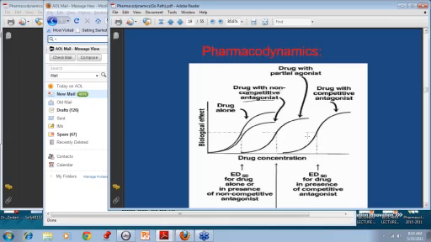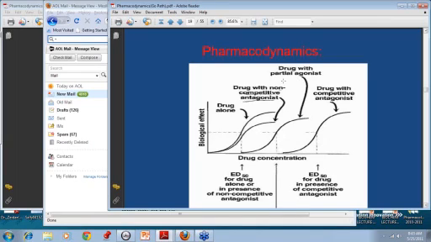So when you look at C here and you try to compare it with the drug alone, in essence, what you see here is not a full agonist effect. So you're cutting this actually to half or 75%.